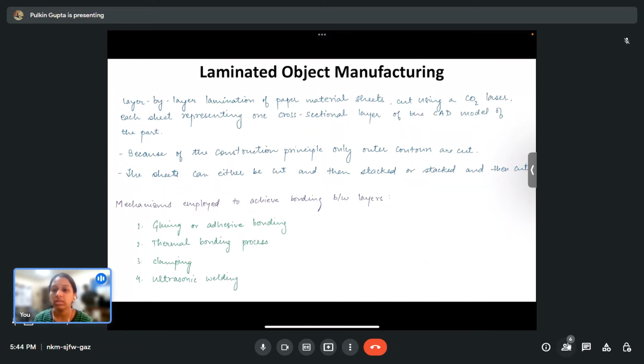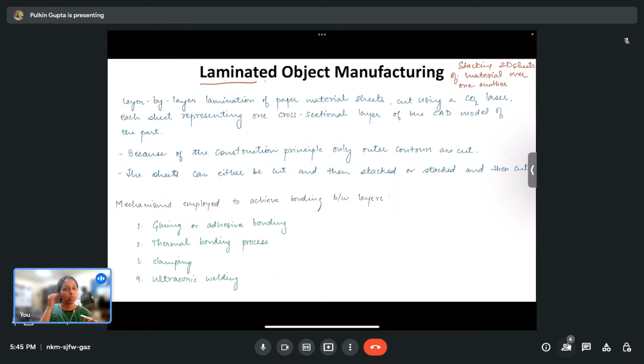So what is this laminated object manufacturing? In laminated object manufacturing, we talk about stacking 2D sheets of materials over one another. Say you have paper, and stacking multiple papers over one another will give you a kind of cuboid.